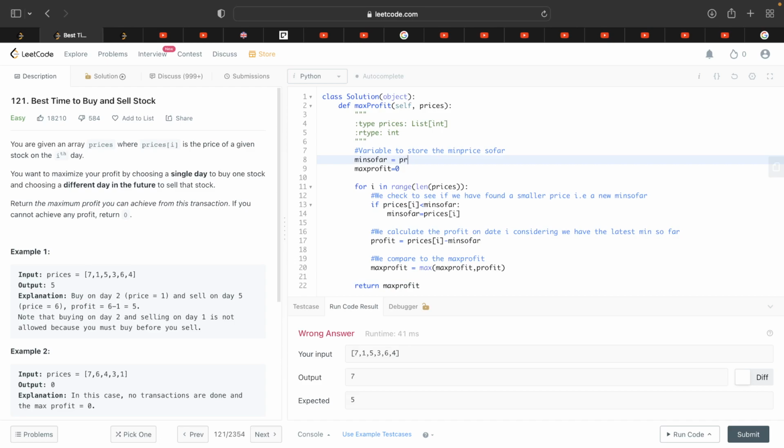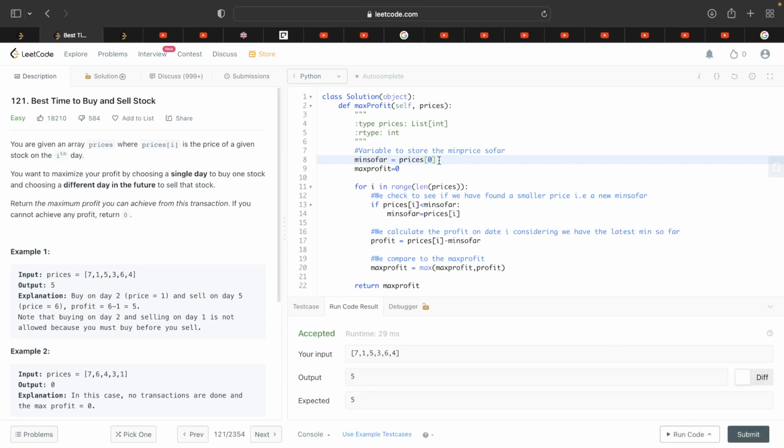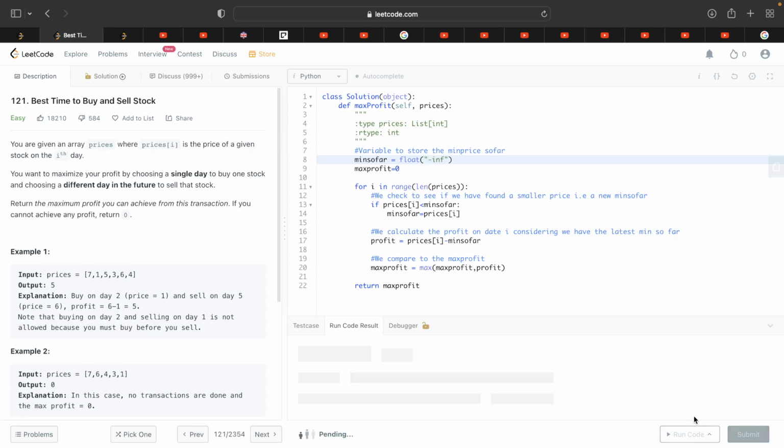Okay, so we need to initialize this differently. We shouldn't be using 0 at the start. We can either use negative infinity, or we use prices at index 0. Let's see, this should work, right?